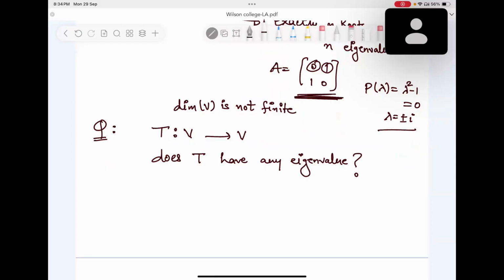The meaning of an eigenvalue is there exists some lambda and non-zero x such that Tx equals lambda x.